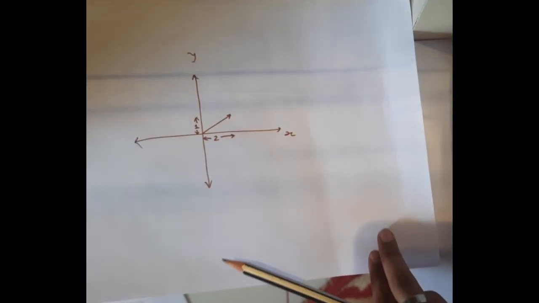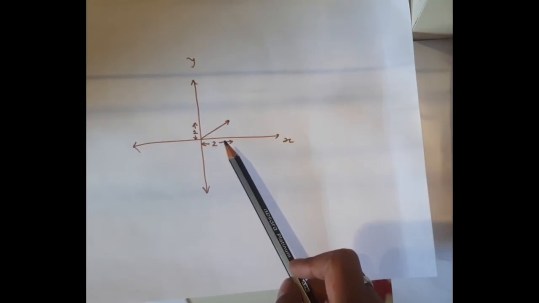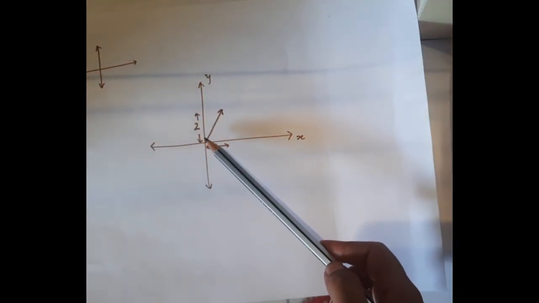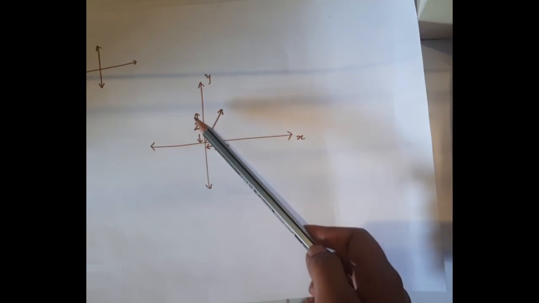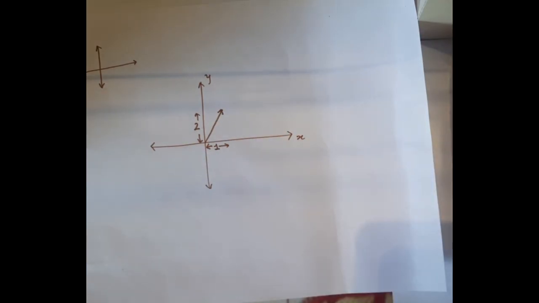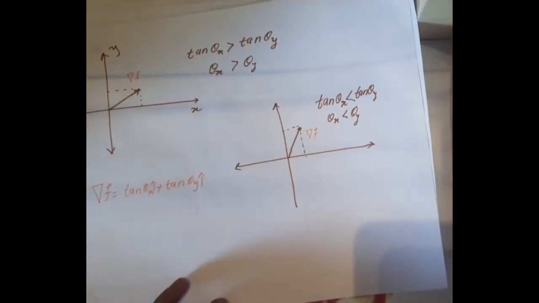Now, the next thing that I want you to recall is that when the vector has a larger component in the x direction, then we have an angle that's tilted more towards x. And when we have a vector that has a larger component in the y direction, the angle of the vector is tilted more towards the y-axis.